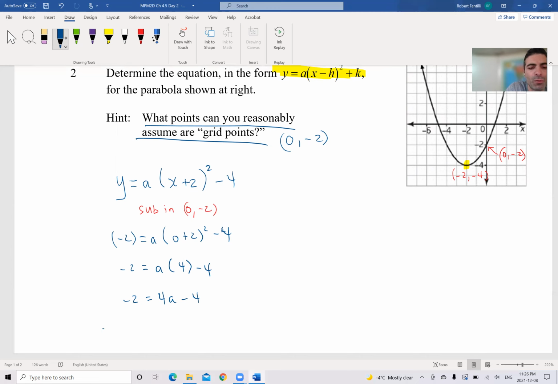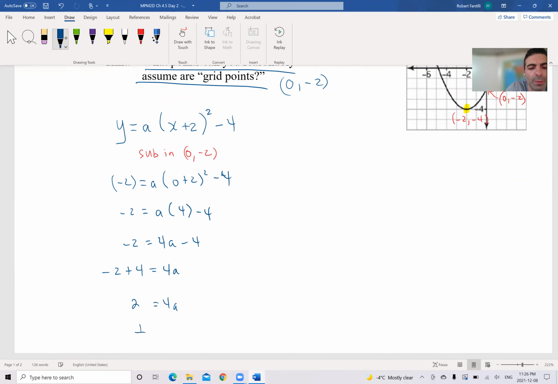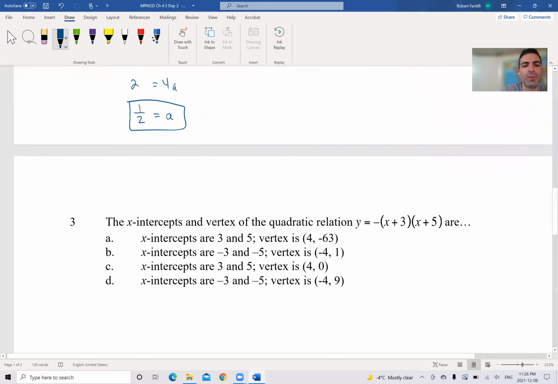Bring the -4 over, I get -2 + 4, which is +2 = 4a. Divide both sides by 4. 2 divided by 4 is a half. So a is equal to 1/2. So my equation is y = 1/2(x + 2)^2 - 4. All right, moving right along.